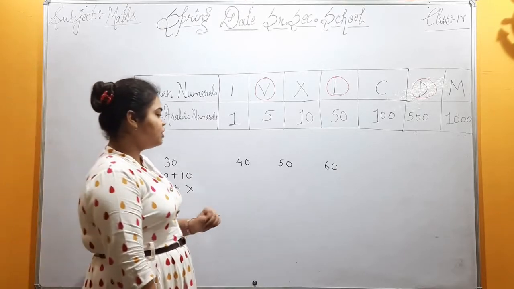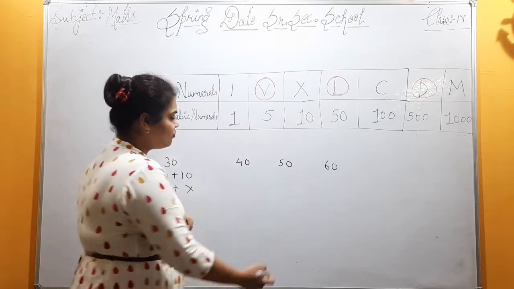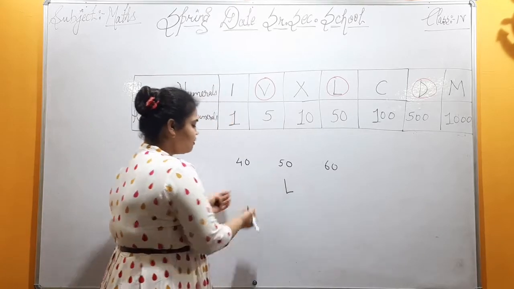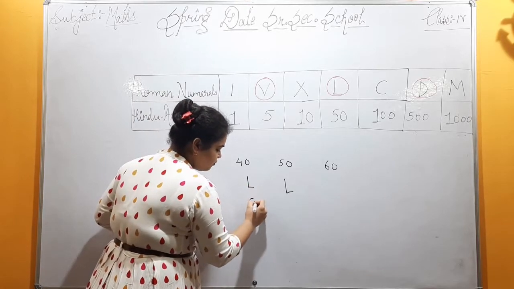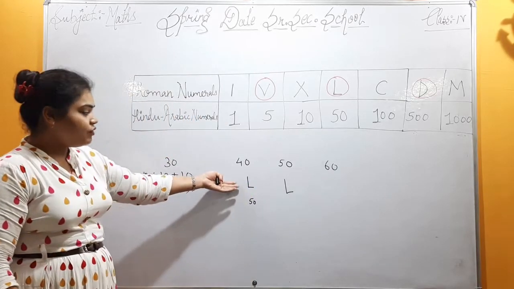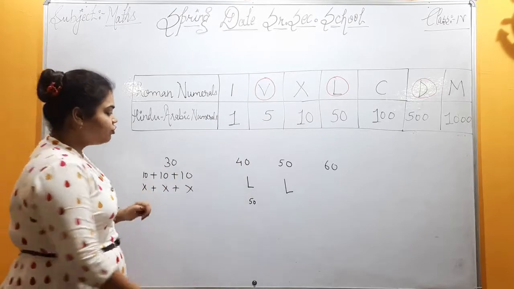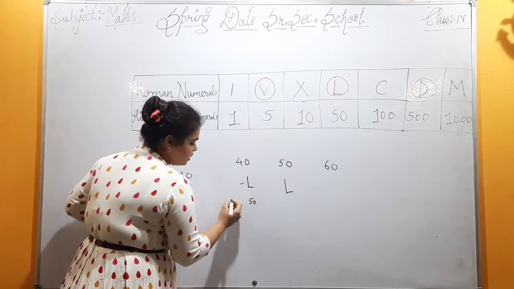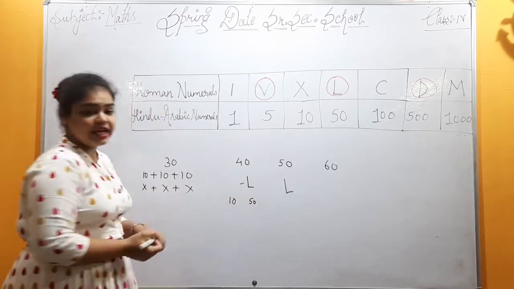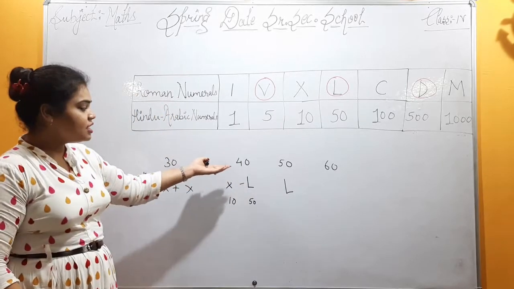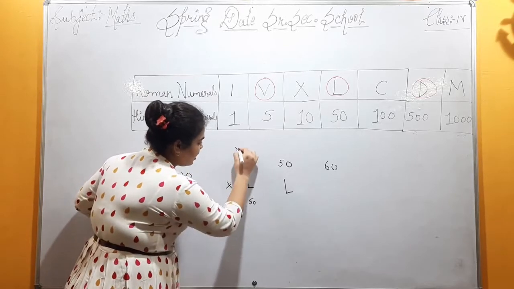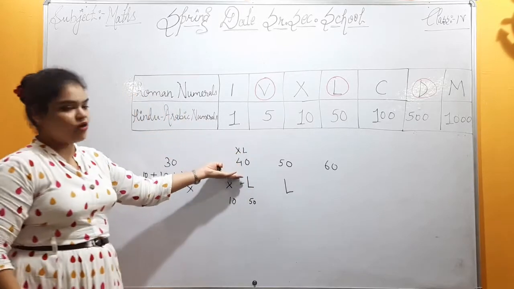Now what we will do is, we write 50 as L. First we will write L, that is 50. And now we have to make 40. So what will we do? We will subtract 10. And how do we write 10? That is X. So which number is formed? XL, and XL is 40.